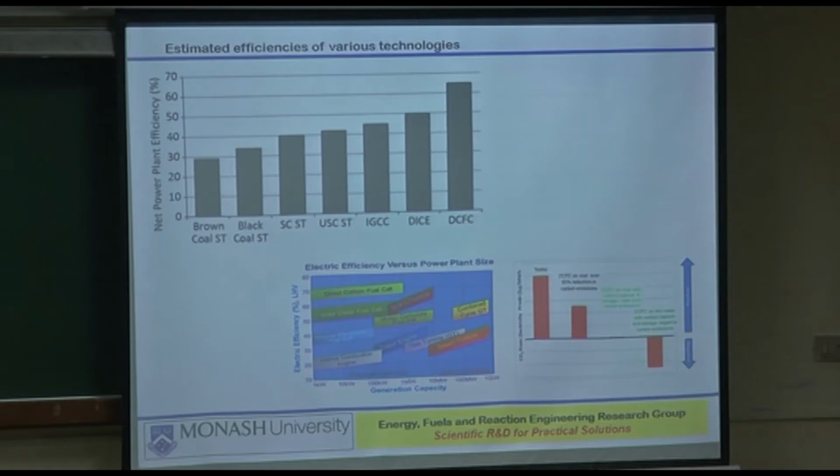The first block there corresponds to brown coal steam turbine cycle, but subcritical. Because brown coal has a lot more moisture, its efficiency is less. Black coal is more like the bituminous coal. This is for the Australian context, so that's why we call them brown and black.